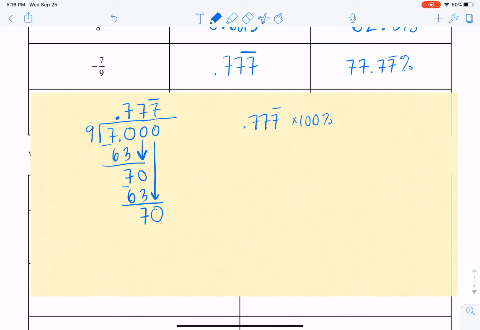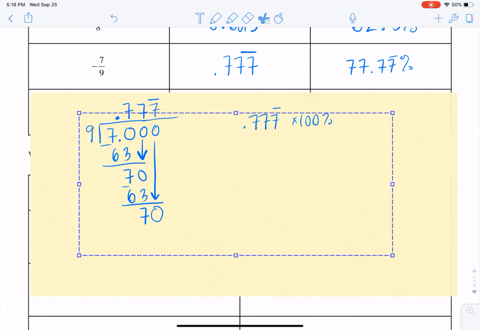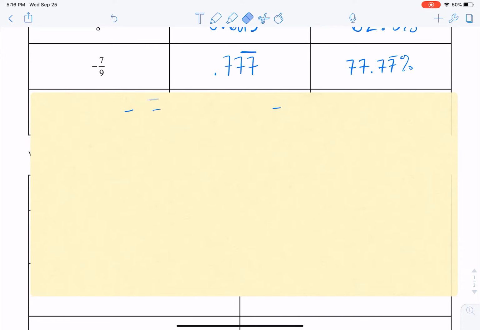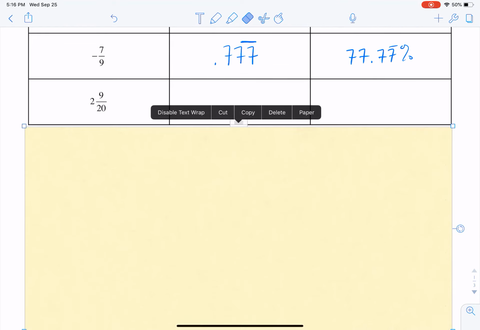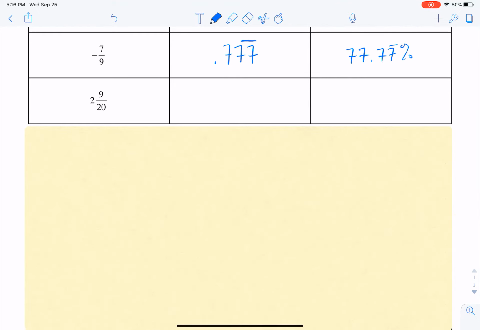And lastly, let's move this down. I can see here that I have 2 9/20. So I can turn 2 9/20 into an improper fraction. 2 times 20 gives me 40, and so this really is 49/20. What I would like to do is see how many groups of 20 are in 49.